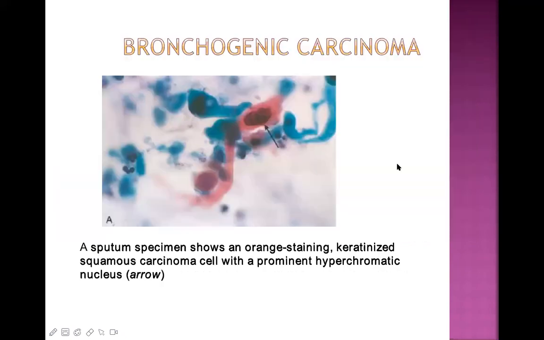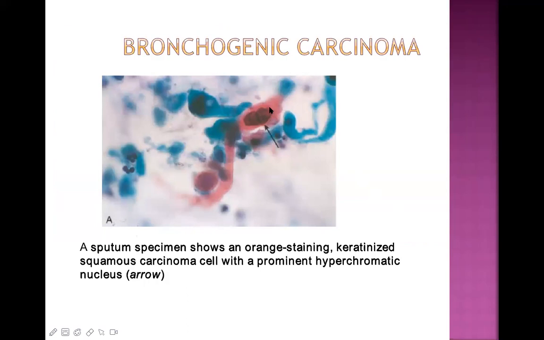Now let's move on. This is the cytology of sputum. They have collected sputum, and that sputum is studied under the microscope after certain staining, and they have found these relatively flat looking cells. It is a squamous cell which is present in the sputum.